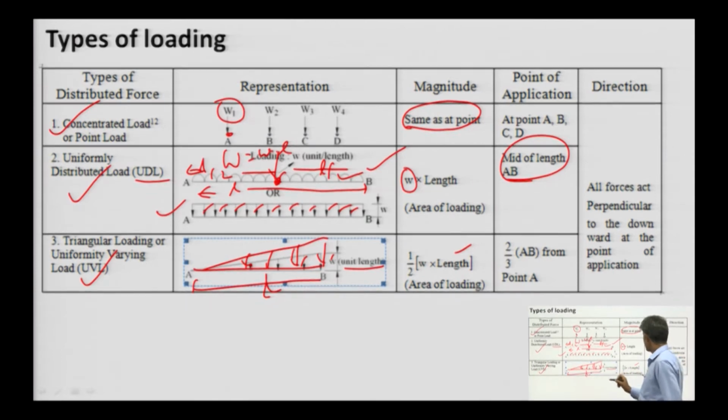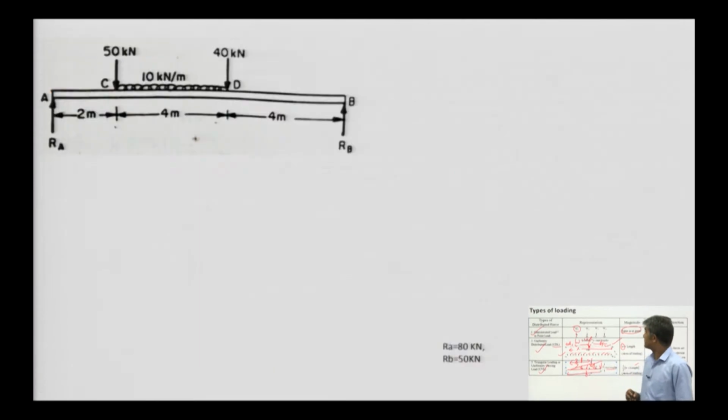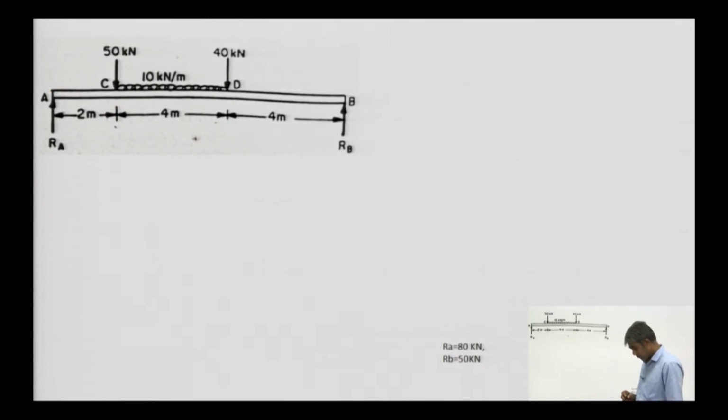And this load will be concentrated at the CG of this triangle, and we know that the CG of a triangle, if this is L, is at 2 by 3 into L, 2 by 3 AB. These are the different types of loading which can act on beams.